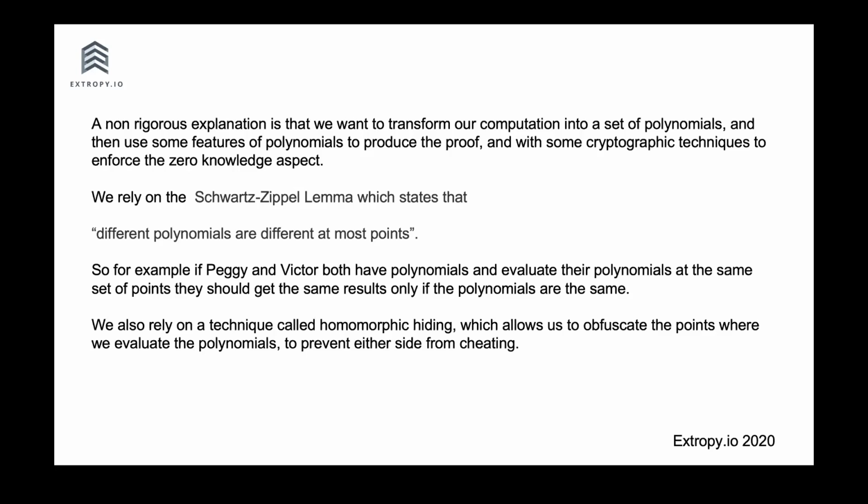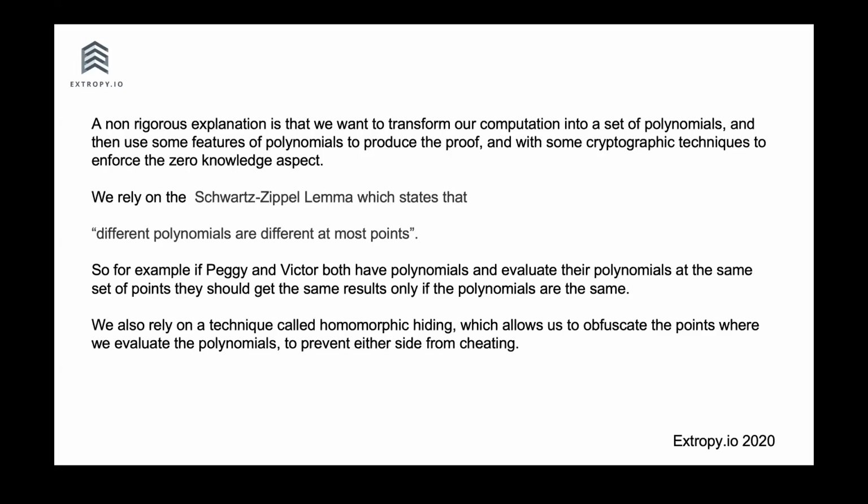So if somebody wanted to cheat, they wouldn't be able to know in advance which points they're going to do some calculation on, and so choose points that maybe would work just for them, but wouldn't really be true generally, and would allow them to cheat.